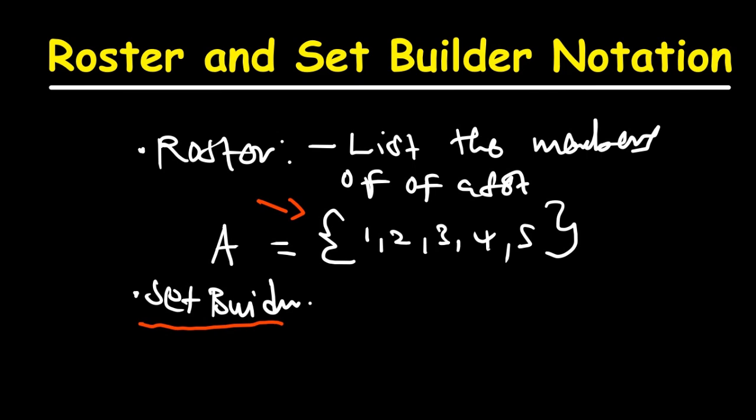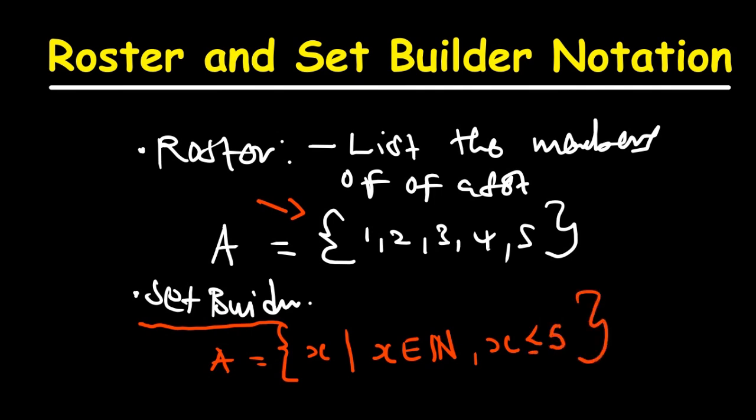We can say set A is a set of all the x's such that x is a member of the natural numbers, where x is less than or equal to 5. From the set builder, we are not specifying the elements in that set, but we are describing a rule that will tell us the elements in this set.